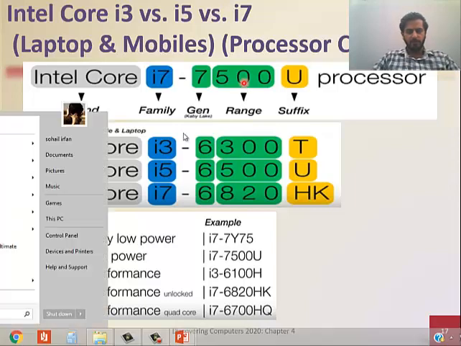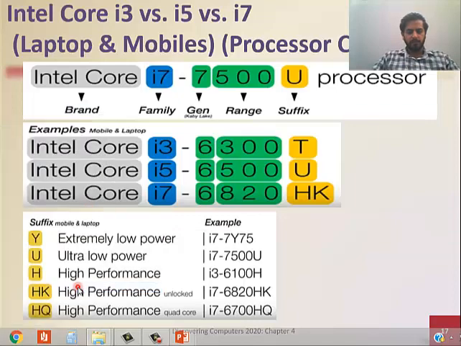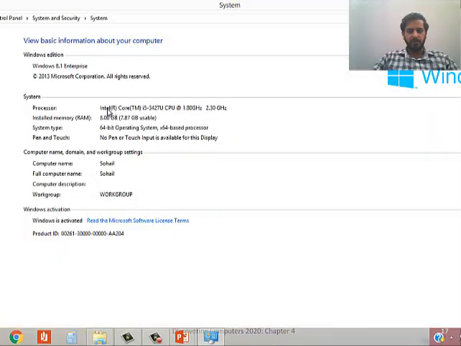If you go into the properties of your system, you see here you have an Intel Core, R means registered, TM is a trademark. So Intel Core is a brand, i5 is a family. My system is a third generation system, and then you have a range available, and U means ultra low power.